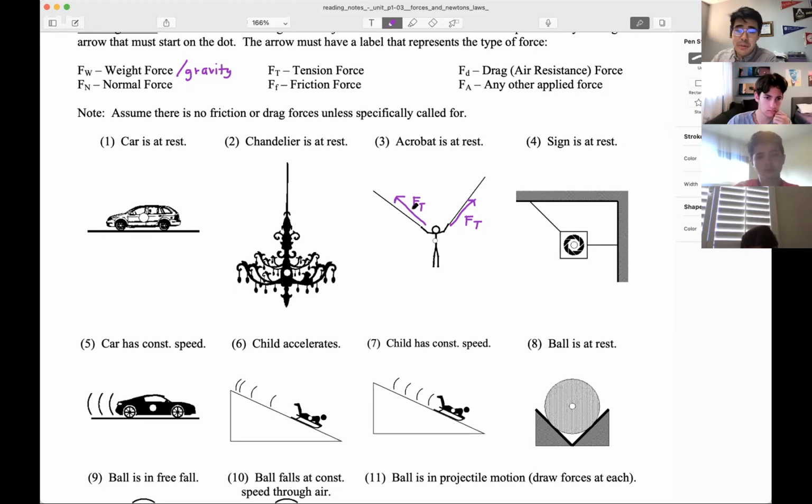They're not going to be super picky, but if I drew my downward force like this, that probably wouldn't be enough. They want to make sure the downward force is equal to the two upward forces here, so I have to make this a little bit longer. I can do FG or mg. So they do care about the size of the arrows when they ask for a free body diagram.